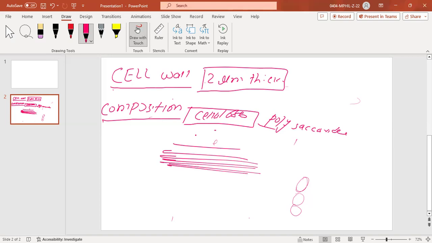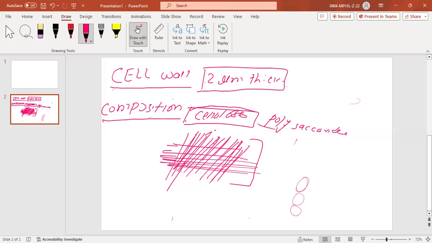This arrangement is a crisscross arrangement, and these are the parallel fibers, arranged like this. So it is a polysaccharide and forms a specific structure that is called cellulose. And definitely its structure is according to its function. So we will talk about all that.